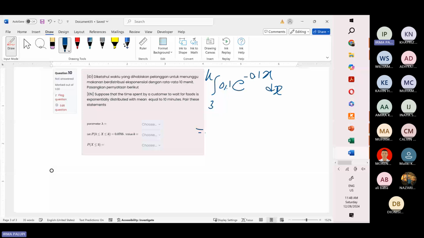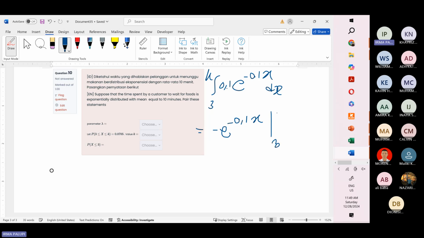So it's equal to, what is the antiderivative of this? It's minus, I think, minus exponent of minus 0.1 x. When differentiated, the minus disappears, and 0.1 is there with x. Earlier I think I was wrong, I was confused.